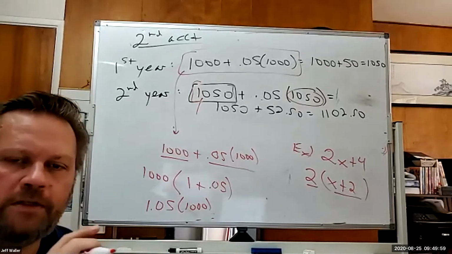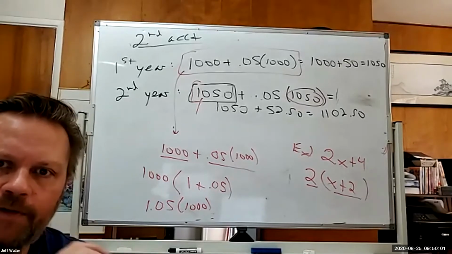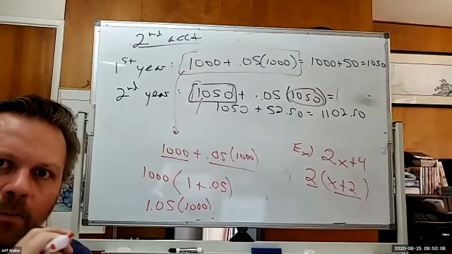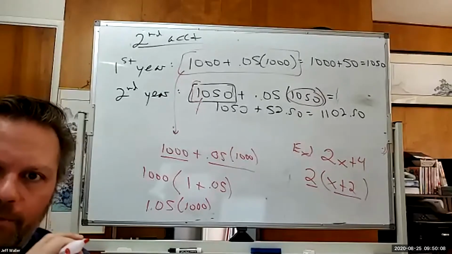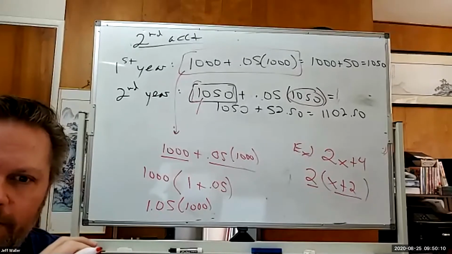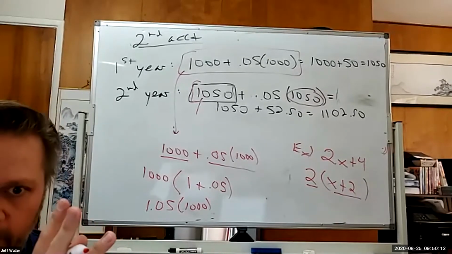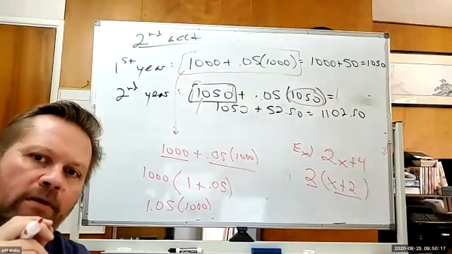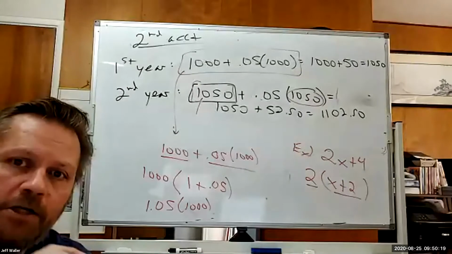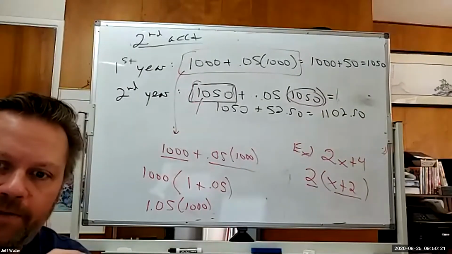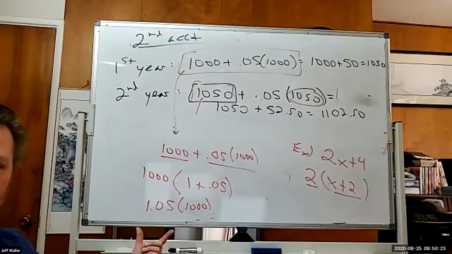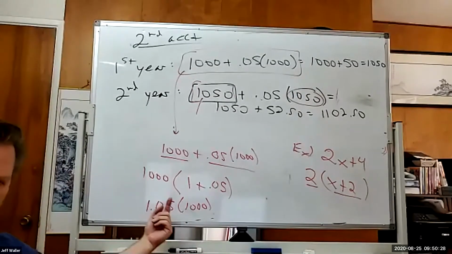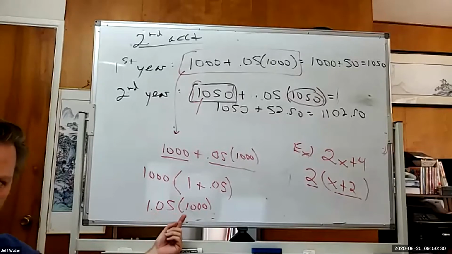If you increase the price of something by 5%, that means that it is now more than 100% of what it was. Let me say that again. If I increase the price of something by 5%, it's now more than 100% of what it was. In fact, it's 105% of what it was. Isn't that exactly what this says? This is 105% written as a decimal of 1,000.